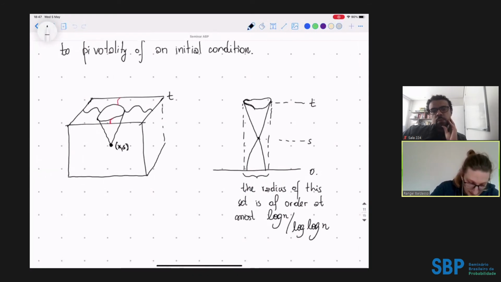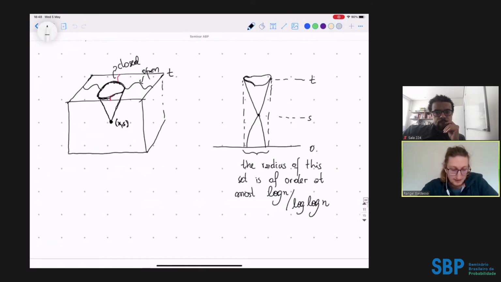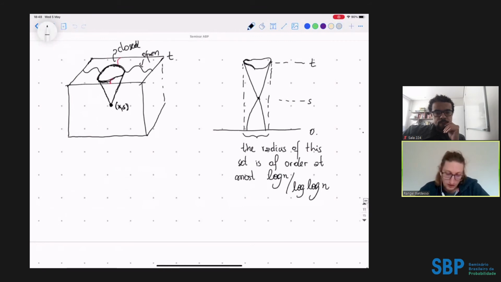If you look at the cone of light to the future of this guy, we have some shape here on top. In this shape, you know that you have crossings from left to right and from top to bottom that are open and closed. So these are open, these are closed. And you also know that the radius of this thing, due to our correlation decay estimate, is of order smaller than log n.